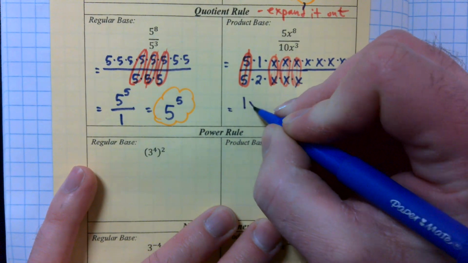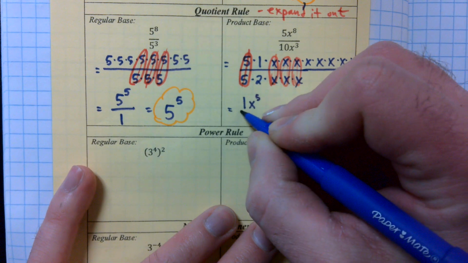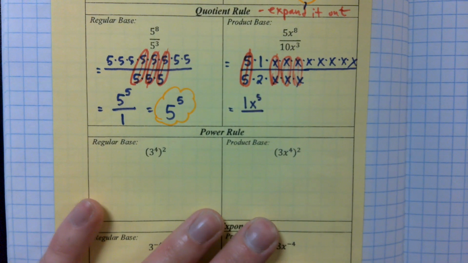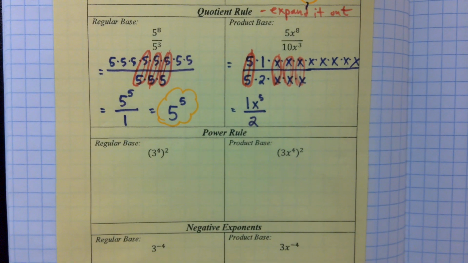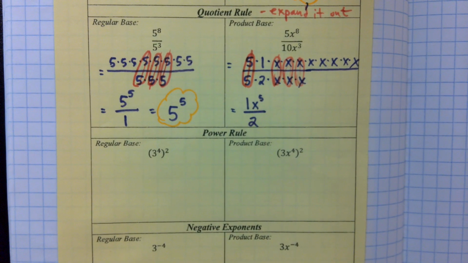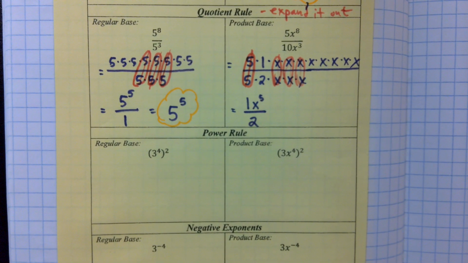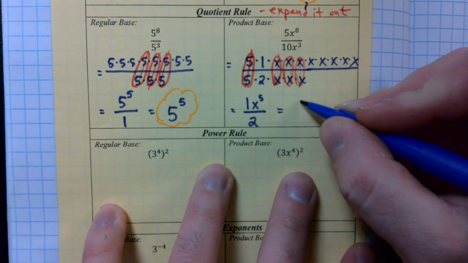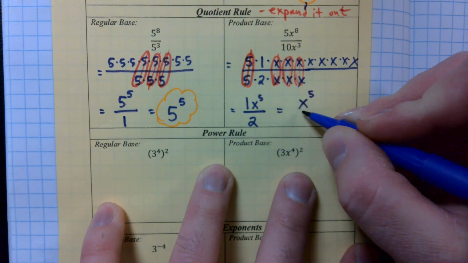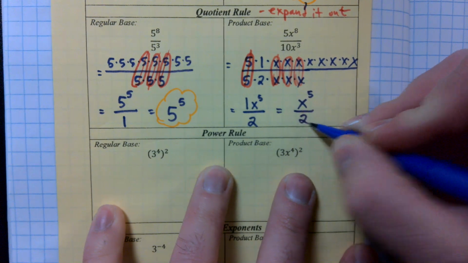So I've got 1 x to the 5th over, what's the only thing on the bottom? 2. Do I need that 1 in front of the x? No, it doesn't hurt if you put it, but I'm not going to put it. X to the 5th over 2.